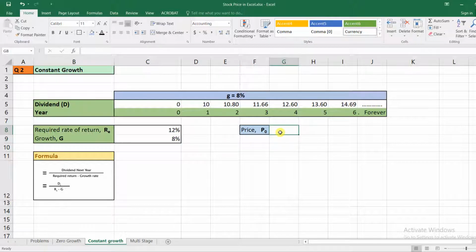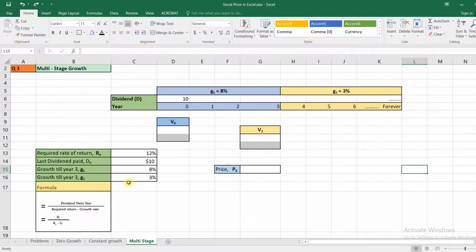Alright, so select any cell, press the equal sign. Next year's dividend is this cell, divided by the difference between the required return and the growth. Close the brackets and press enter. So this time the price is $250.